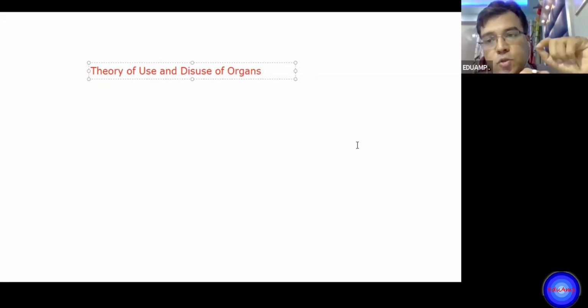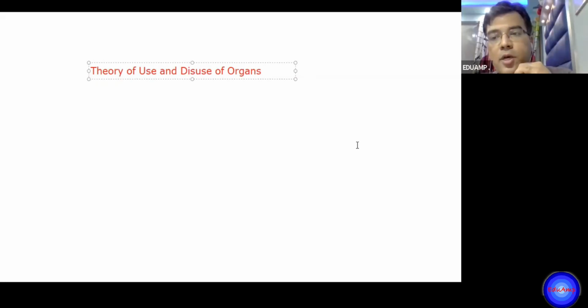But what he said was very important. He said, you can write it down, the organ which is used more, according to this theory, becomes more developed, whereas the organ which is used less becomes underdeveloped.